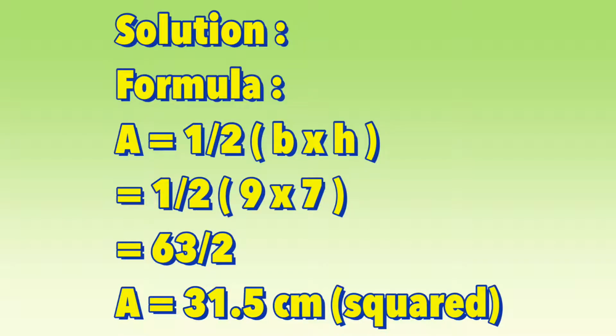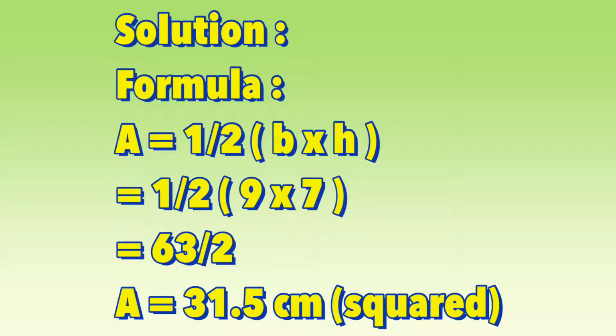So the given base is 9, so we're going to substitute, times the height, which is 7. So 9 times 7 is 63, divided by 2, so our area now is 31.5 square centimeters.